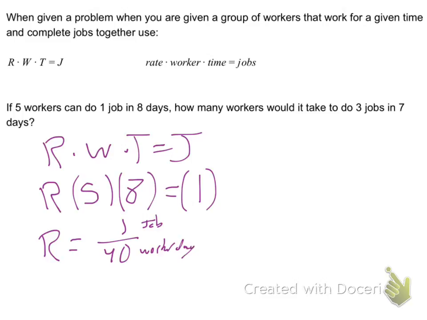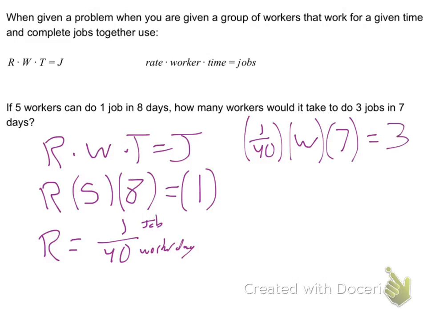Now the question is, we change up the formula, still using this whole R W T equals J. We still say, hey, that rate doesn't change. How many workers do I have now? Don't know. I'll call it W. How many days do I get? 7 days. How many jobs? 3. Can you solve for W?